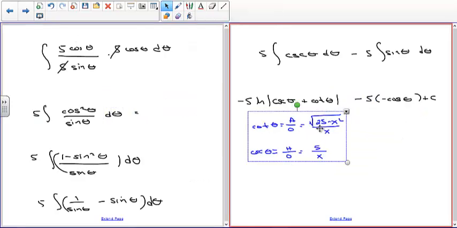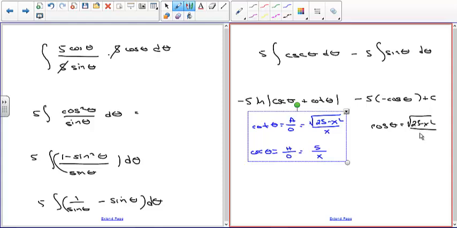So there was that one, and the other one was that the cosine of theta was equal to the square root of 25 minus x squared over 5. So now I can make all these substitutions. So you get negative 5 times the natural log of the absolute value of 5 over x plus the square root of 25 minus x squared over x.